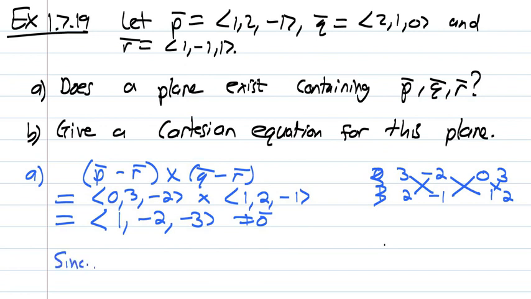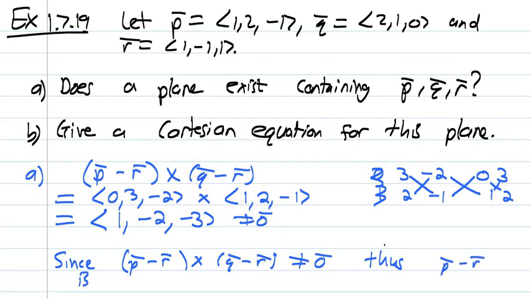Since P minus R cross Q minus R is not the zero vector, thus we have that P minus R is not a scalar multiple of Q minus R. Alright, so this is good news.